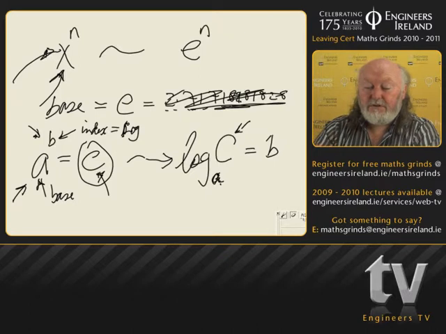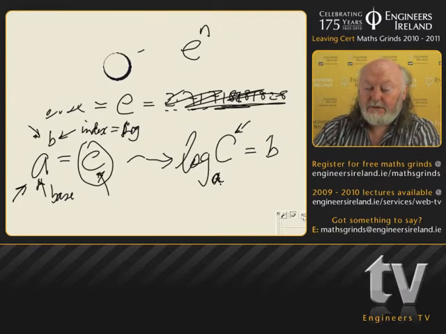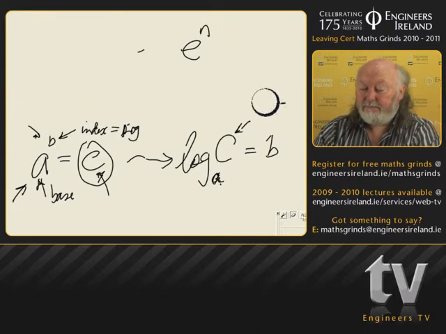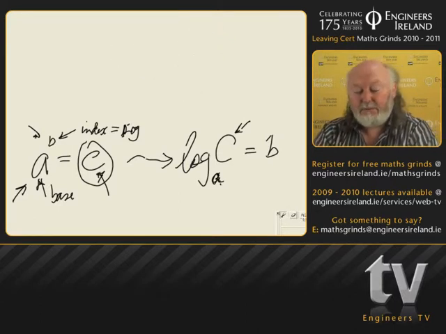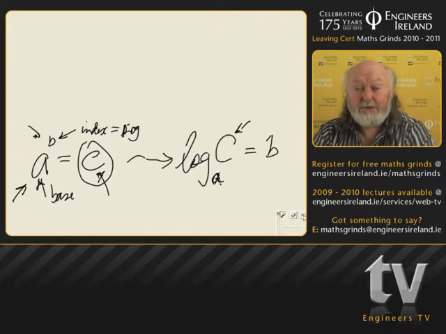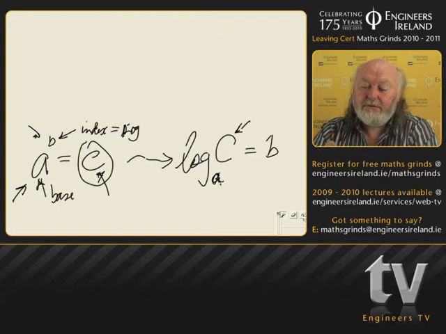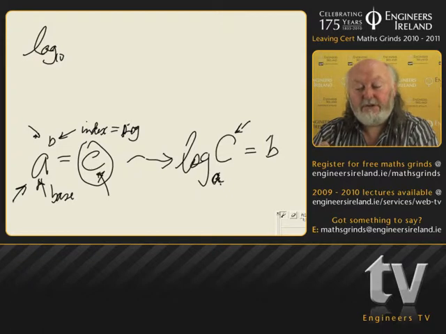I'm back mentioning these again because no one has told us what this base is. And it can be any one of a whole load of things. It can be base 10, base 2, base 17. It could even be base e. So, for example, we could have log to the base 10 of 10,000 equals 4.